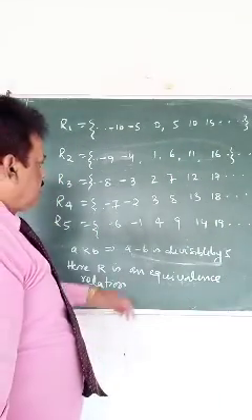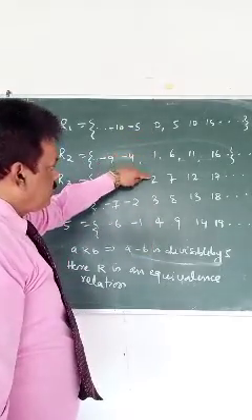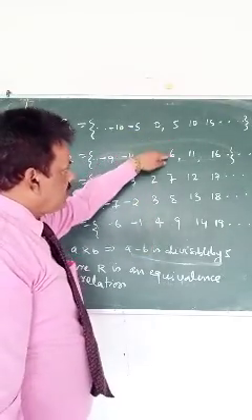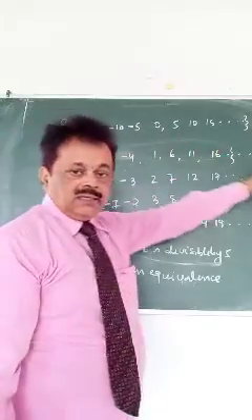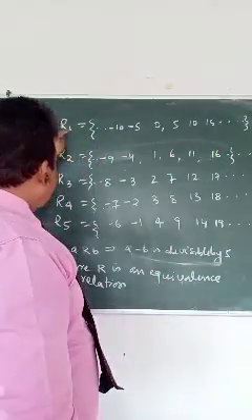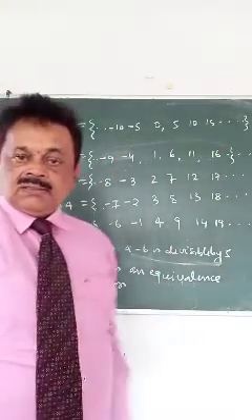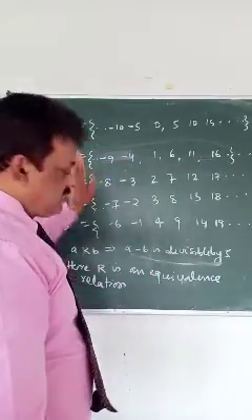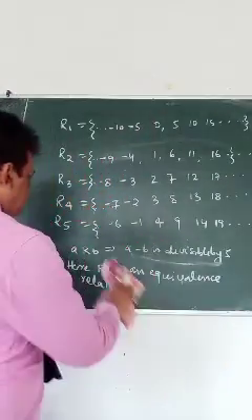Okay. So 0, 1, 2, 3, 4, 5, 6, all the elements are taken here, which you have made up into 5 partitions.